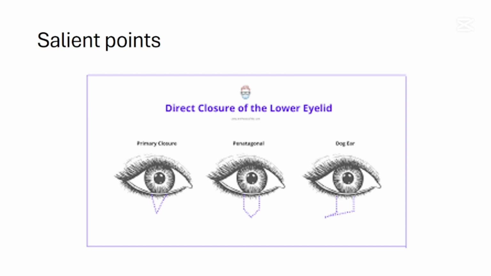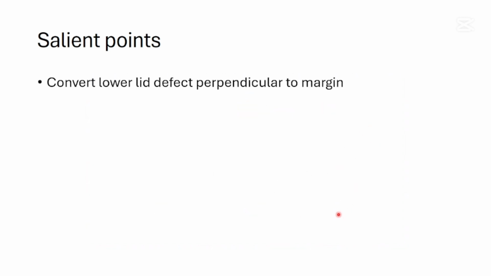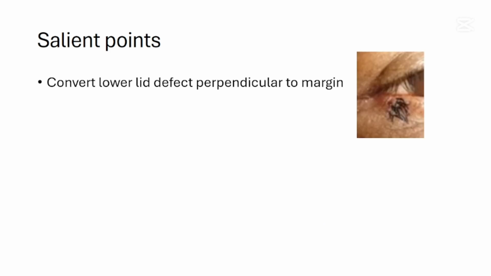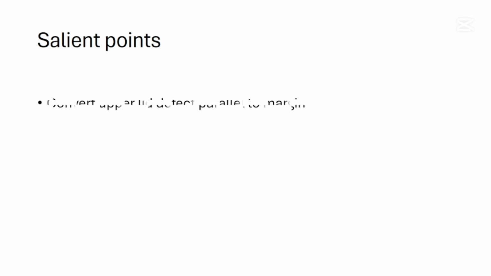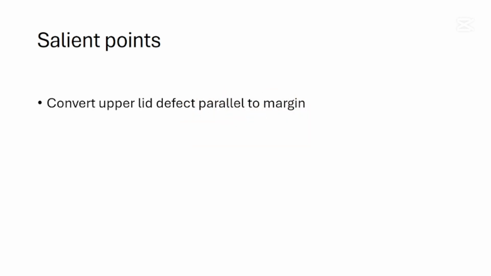And here, to prevent diplopia, you have to have a slanted incision. And a few others: in a lower lid defect, you can suture it perpendicular to the margin, but in the upper lid, have something parallel to the margin.